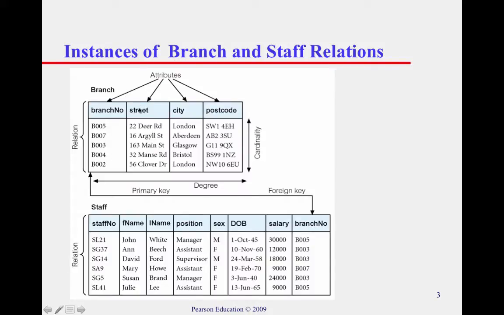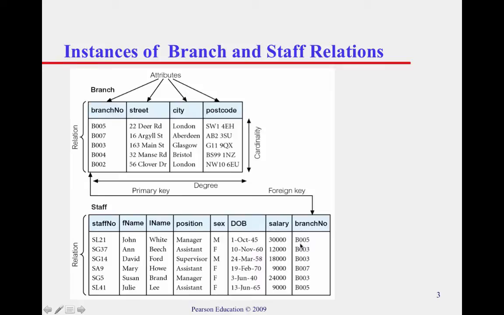So the top one is branch, the bottom one is staff. We're only keeping one redundant or shared column, and that's branch number. It is a foreign key in the staff relation, so we could have duplicated all the branch information in the staff.